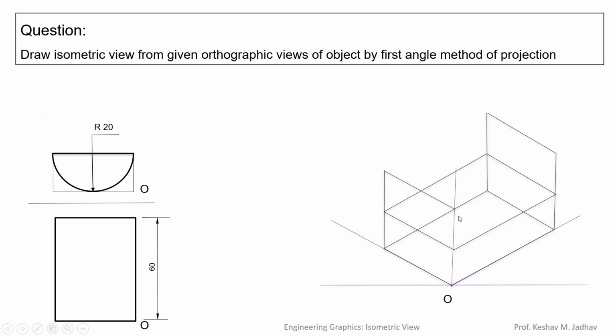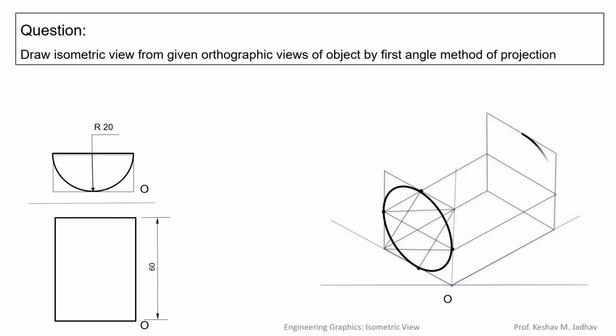Now we can locate the midpoints of each side of the rhombus, and this is the large angle and this is the small angle. So from the large angle, we have to connect the midpoints of the opposite sides like this. So this is also a large angle, so we can connect the midpoints of the opposite sides. And by using the 4 center method, we can draw a circle.